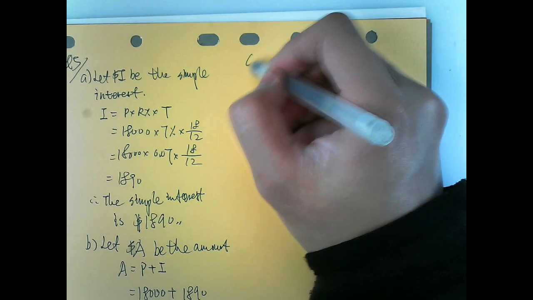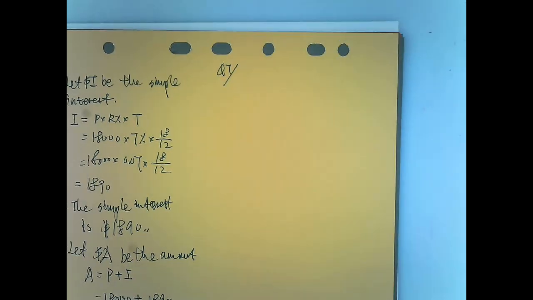Go to question 7. Freddie borrows 300,000, this is the P, from a bank. Interest rate 11%, this is the R%. How much should he repay after 20 months? Meaning the total amount, the principal plus the interest that you have to return to the bank.